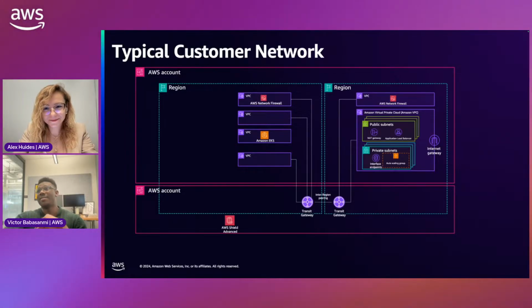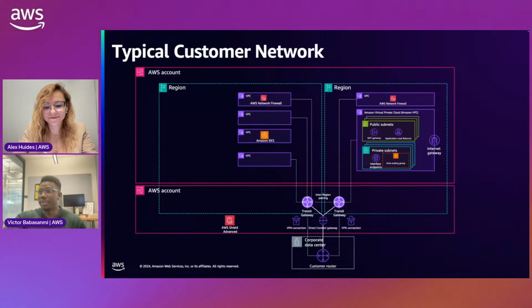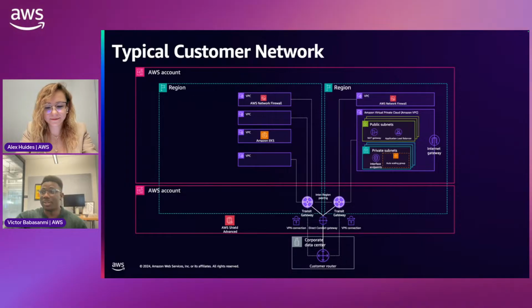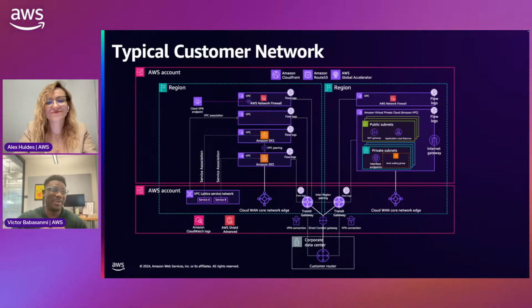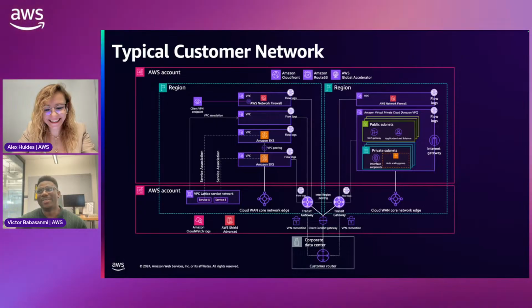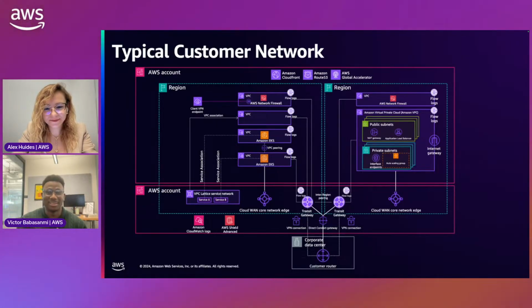They have services like network firewall, Shield. They have Direct Connects to the data centers, VPN endpoints, CloudWatch, Lattice, CloudFront, S3, Global Accelerator. So many components that emit all this telemetry data. So having dashboards that give you visibility can help a lot to make things simpler.